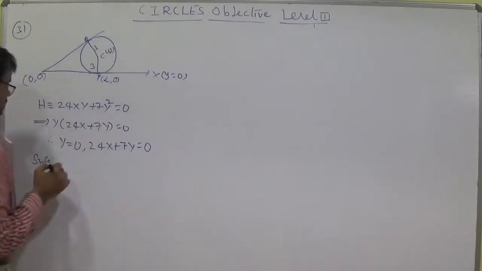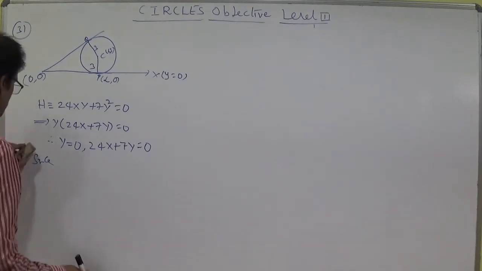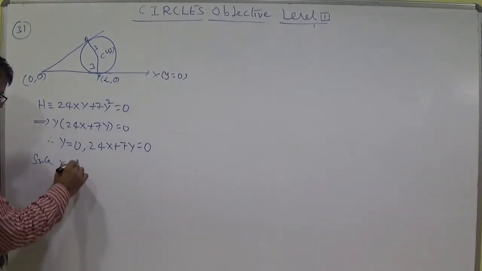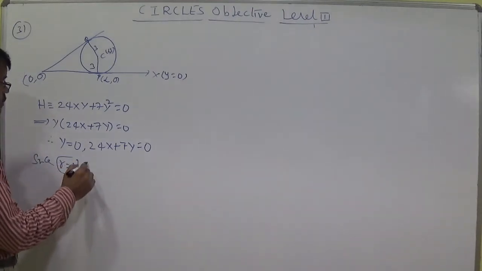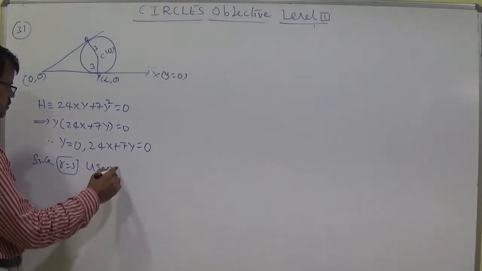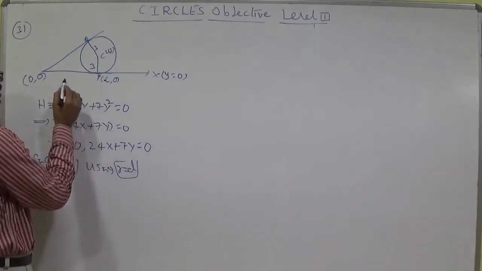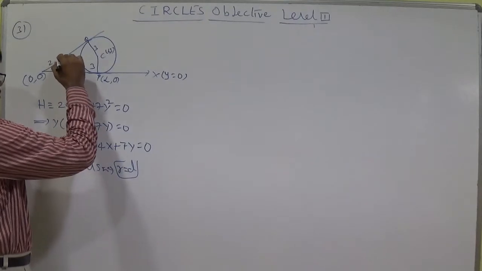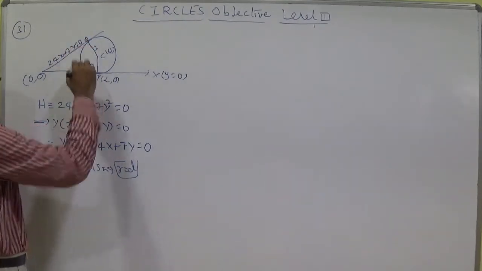This is also 3. Since R is equal to 3, using the radii are equal concept, using R is equal to D. This is the line y equal to 0, and this is the line 24x plus 7y equal to 0.